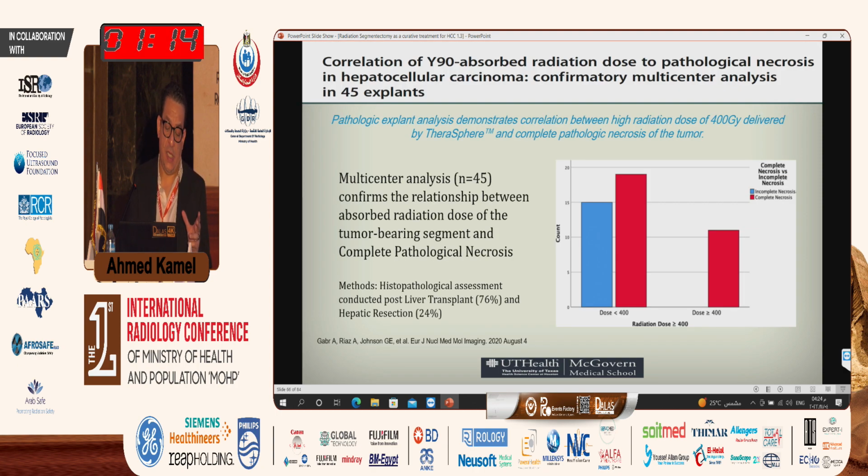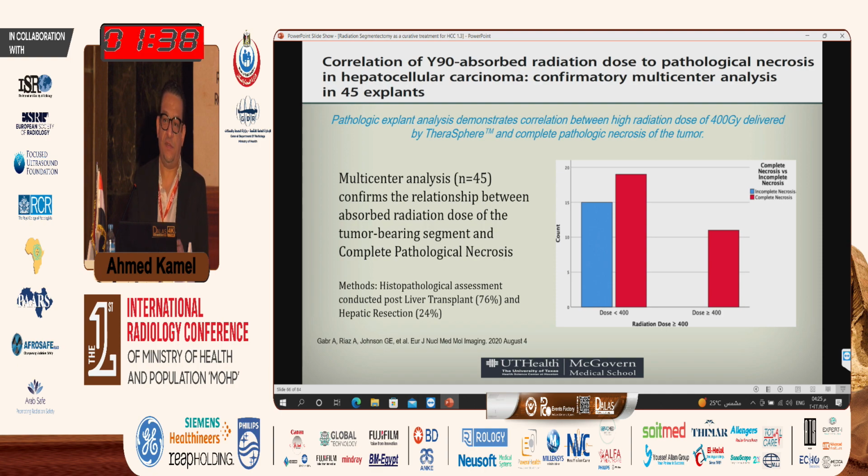Later on, Gabr at Northwestern also looked at the same patients. He looked at the pathologic correlation, just like Vouche did for the Riaz patients. So they found that if you use a dose of more than 400, all the patients will have complete pathologic necrosis. If you use a dose less than 400, some of them will have partial pathologic necrosis.